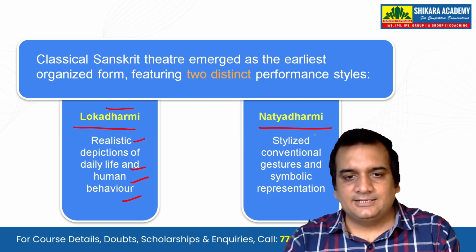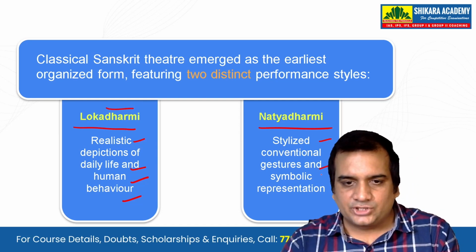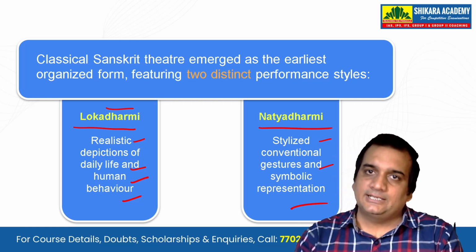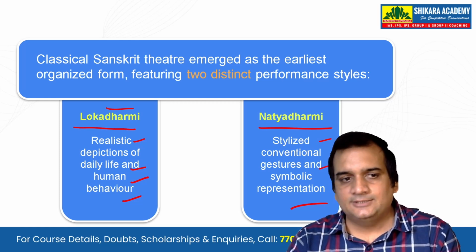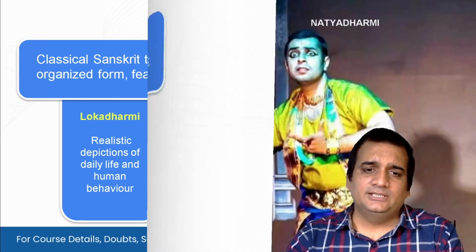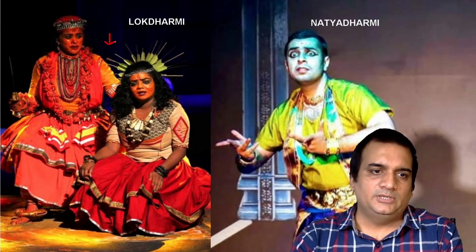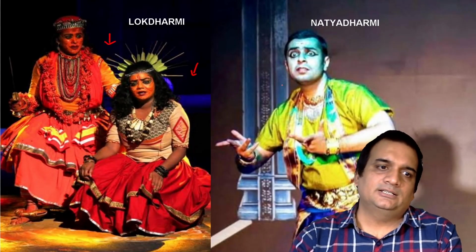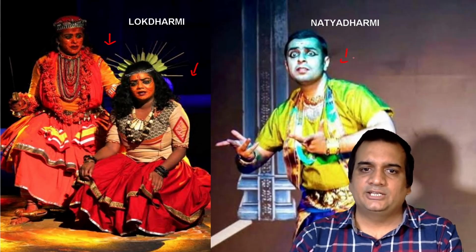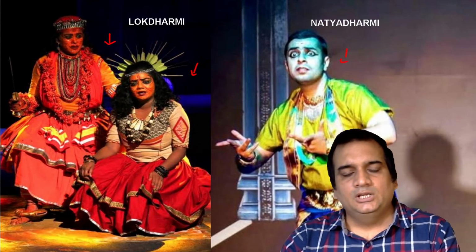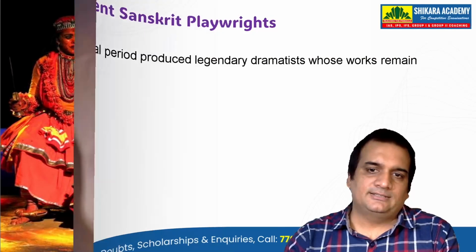And Natya Dharmi is stylized, conventional gestures and symbolic representations, where you present it that way. Okay, here you can see this distinction: in the Lokadharmi, the costume and the facial features that you see, and in the Natya Dharmi also the facial features that you are seeing. That is the distinction here.